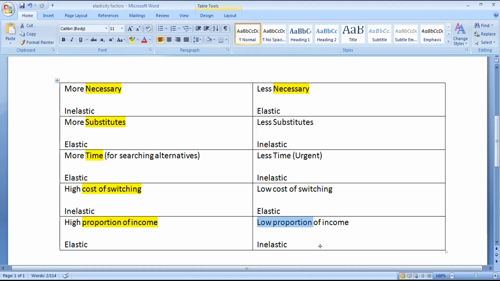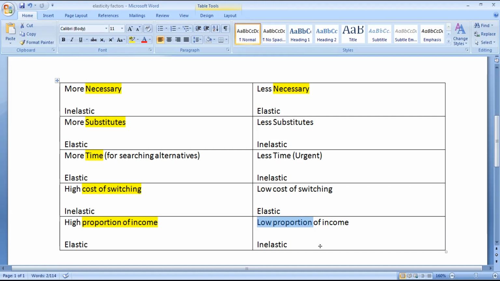So, if your income, let's say you are earning 5,000 ringgit a month, then 2 ringgit is a very small portion, right? Maybe 0.05%, something like that. The money you're spending on chopsticks is a very small percentage of your total income, correct?